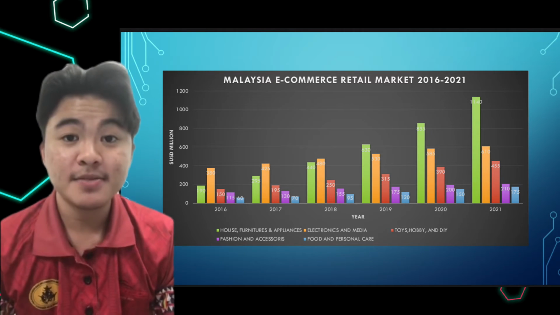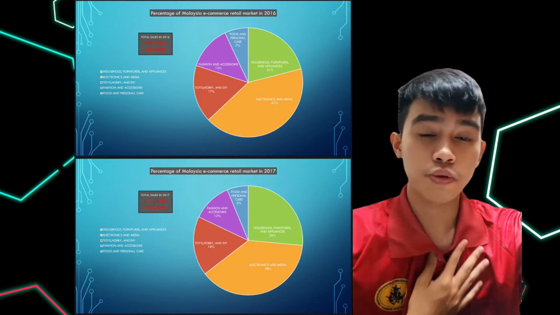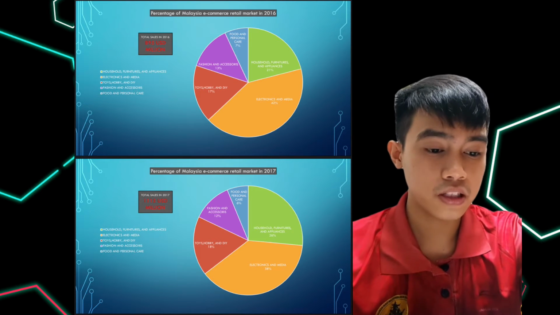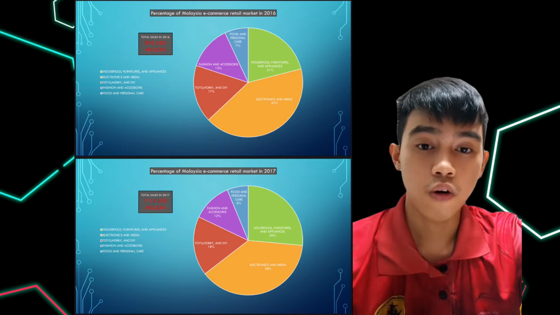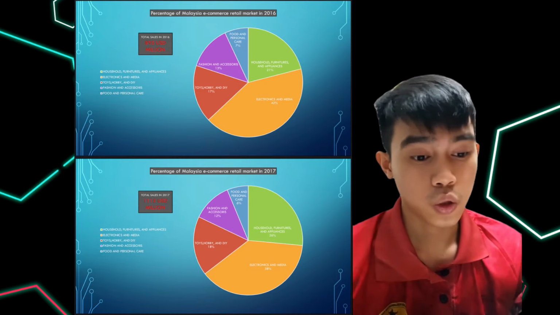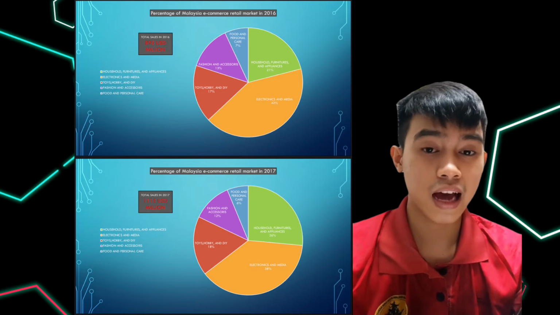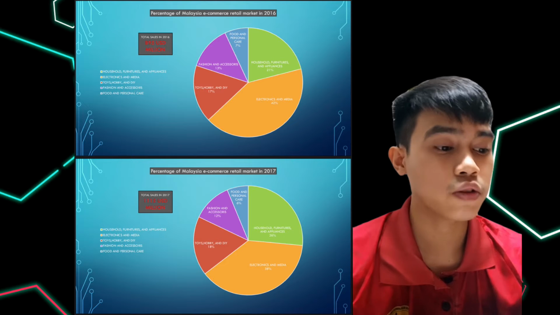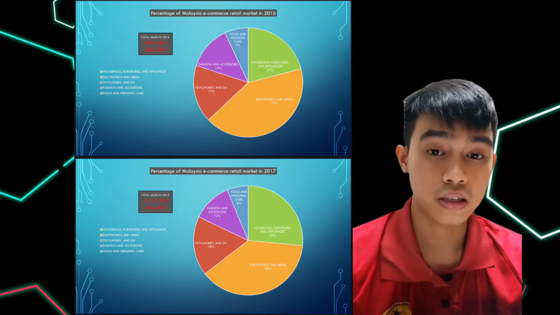Next presenter please. I am going to present my part in stating the difference between the pie chart of 2016 until 2017. The main difference that I have found is the total sales in 2016 and 2017.